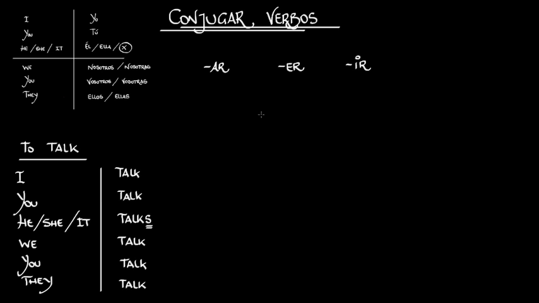An example of a verb that finishes in AR is comprar, to buy. An example of a verb that finishes in ER is beber, to drink. And an example of a verb that finishes in IR is vivir, to live.